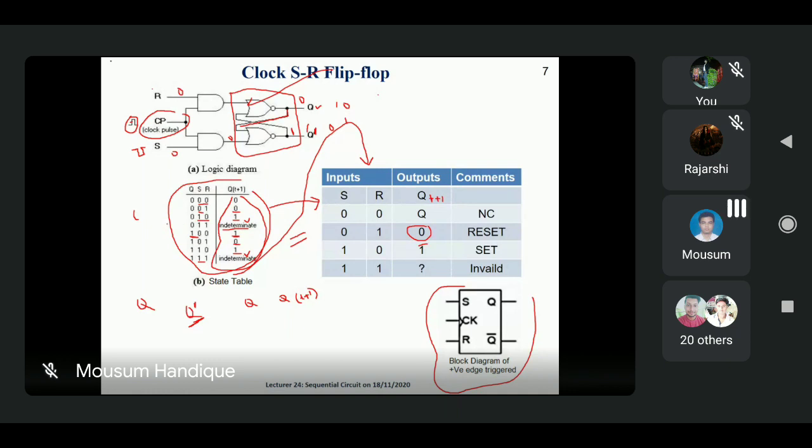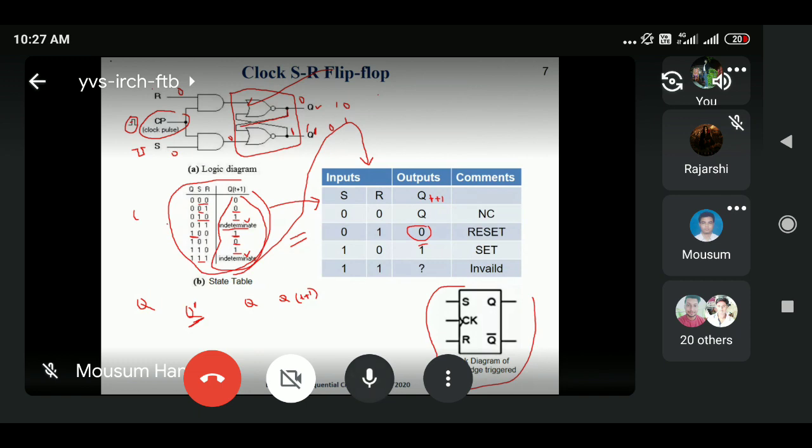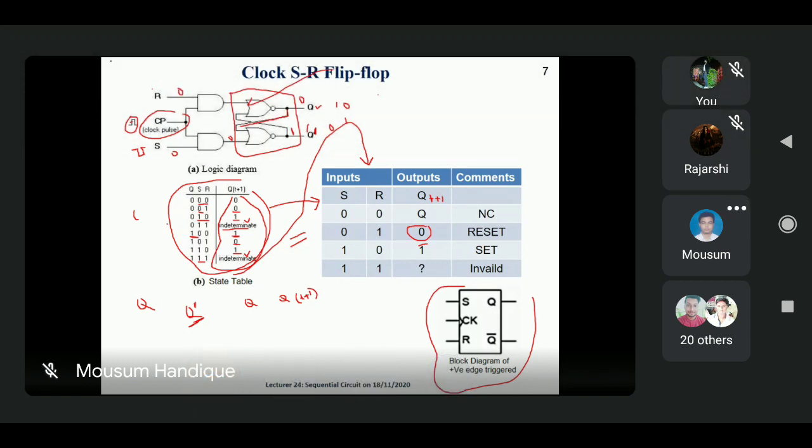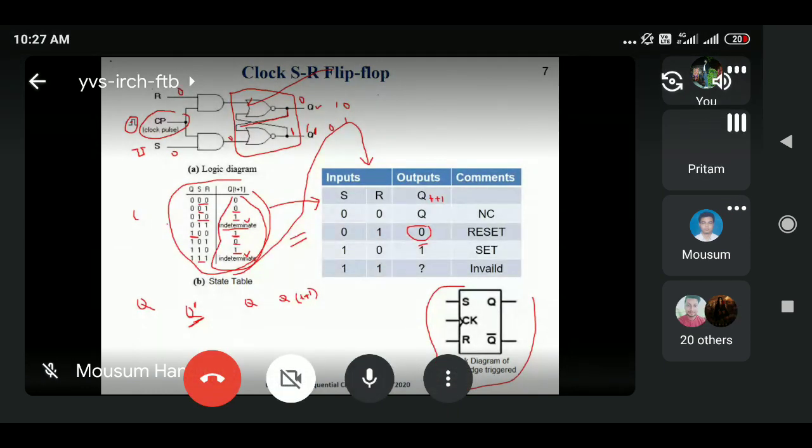Don't keep silence. Say something. You are getting or not? Are you present or something? What type of rubbish things are going on? All of you keep silence. You are getting or not? Getting, sir. You are not asking any question from your side.